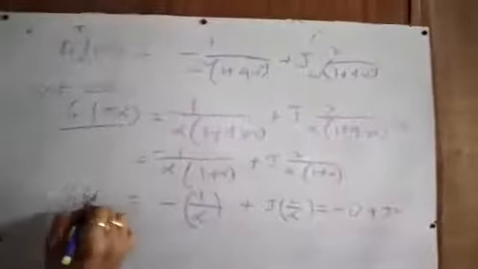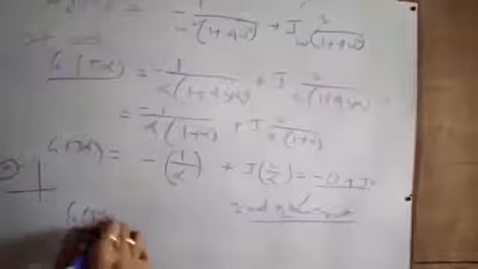That becomes minus 1 by infinity plus j 2 by infinity, so that is equal to minus 0 plus j0.